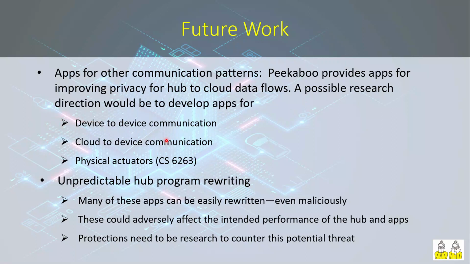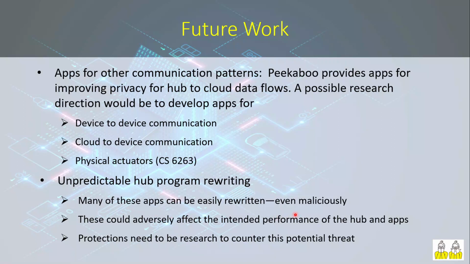And then finally, which is kind of unique to this particular class, is to come up with an approach that provides information from the device to the hub to physical actuators. And then finally, a very important area of research would be unpredictable hub program rewriting. Basically, each of these apps can be easily rewritten, particularly maliciously.